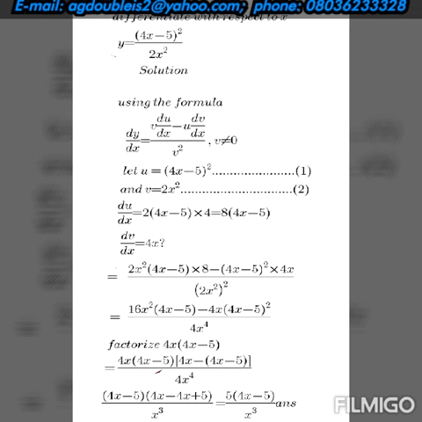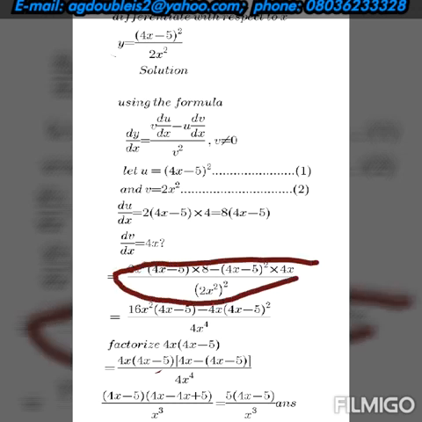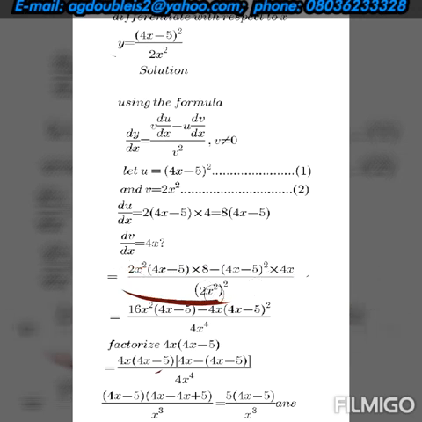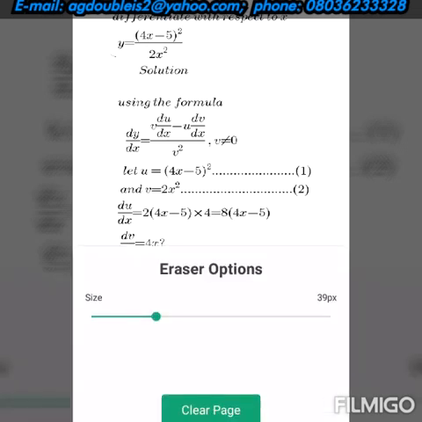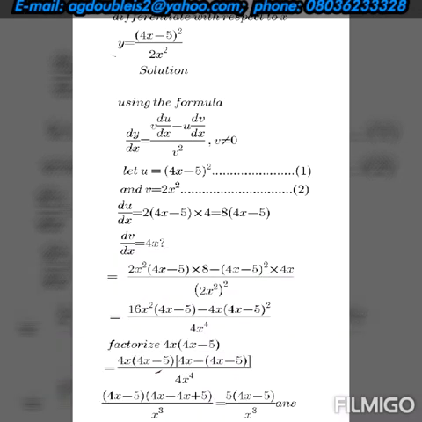If you substitute, you will have this expression. From this, you have to factorize. This is where the knowledge of algebra is needed. If you are not good at factorizing, you are going to have a small problem here. But if you are good, you will see the steps we took in factorizing the expression, especially the numerator.